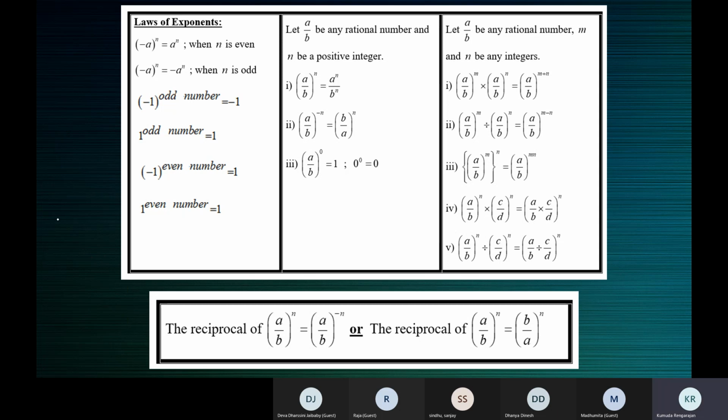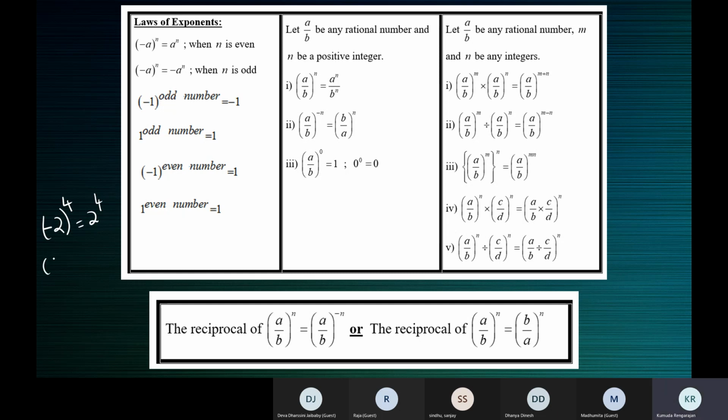So in the first one, when we have, say, minus 2 to the power 4, a negative number raised to an even power, because it will be 4 minus signs, they multiply and they become positive. So minus 2 to the whole power 4 is equal to 2 to the power 4.